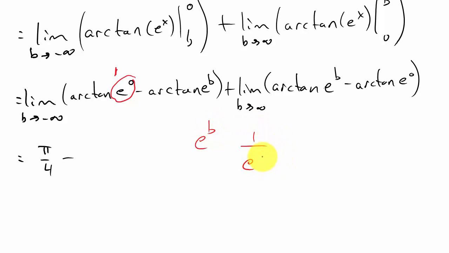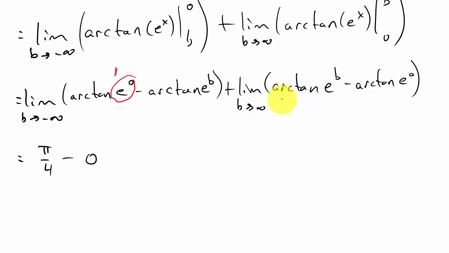If I bring it down here, the exponent becomes positive. So this term down here is getting really big, so the whole fraction is going to 0. So I would be taking the arctan of 0, and the arctan of 0 is 0.